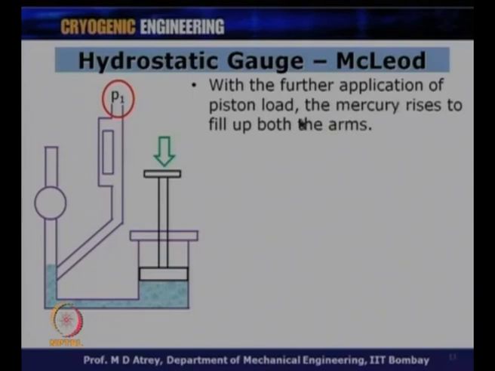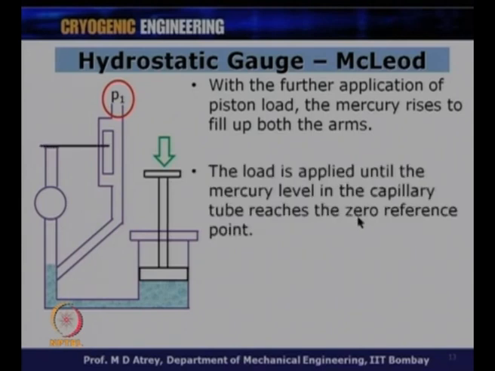With the further application of piston load now, the mercury rises to fill up both the arms. So, now I will press this down and the mercury will come here, the mercury will come here. The load is applied until the mercury level in the capillary tube reaches the zero reference point. So, I will go on pressing this piston till this mercury goes up and occupies the position up to this. All right.